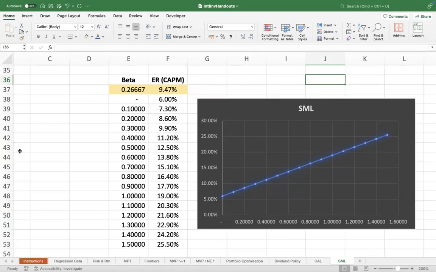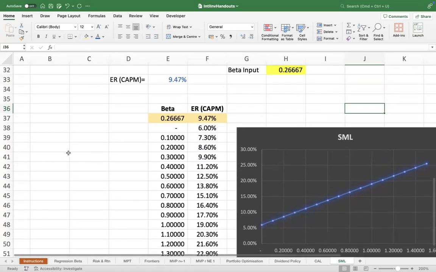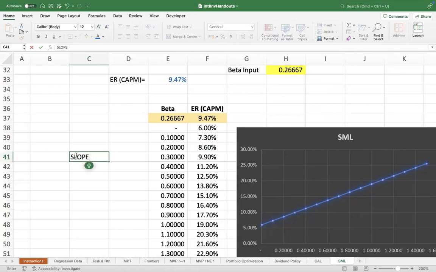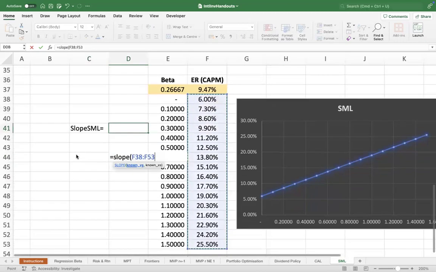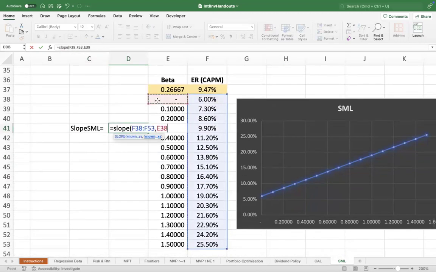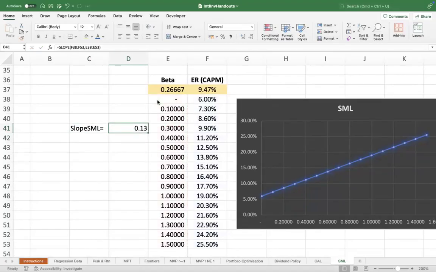And if you want to find out the slope of the security market line, we can use the slope function. Take the known y's, which are your returns, and the known x's, which are your betas. What do you get as the slope?